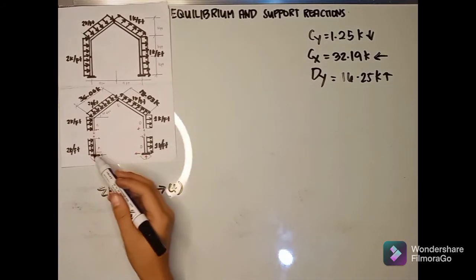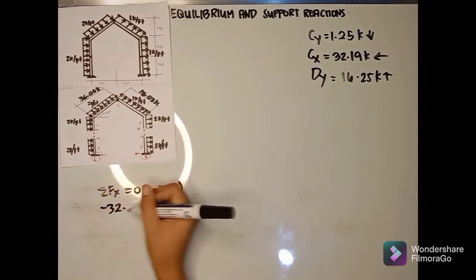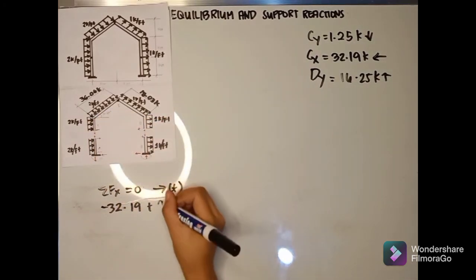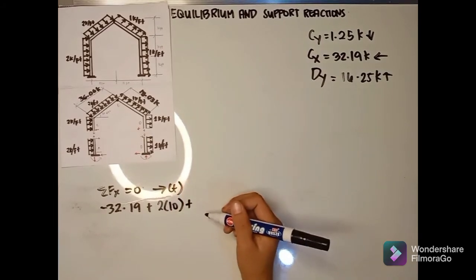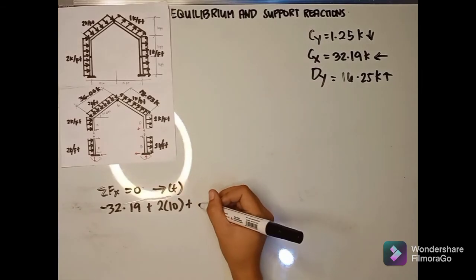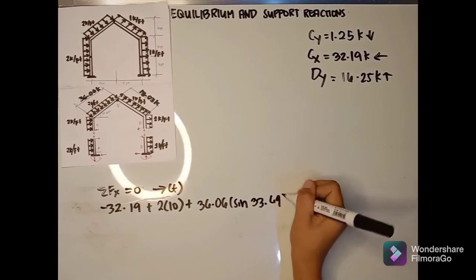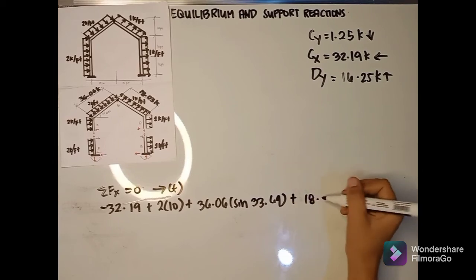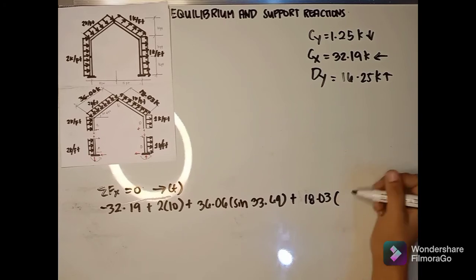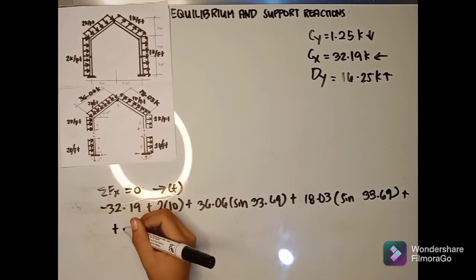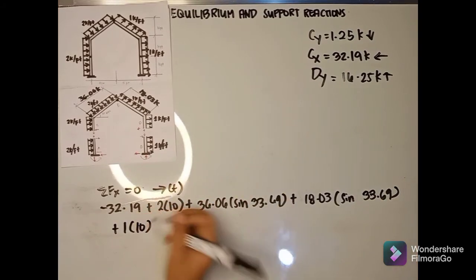So, Cx is 32.19, so negative 32.19, plus our uniformly distributed load, 2 times the slant of 10, plus the horizontal component of 36.06, so 36.06 times sine 33.69, plus 18.03 times sine 33.69, plus the uniformly distributed load of 1 kip per foot, so plus 1 times 10 since the length is 10.